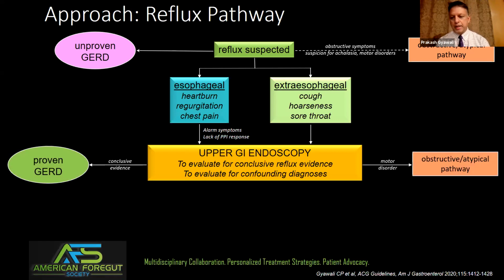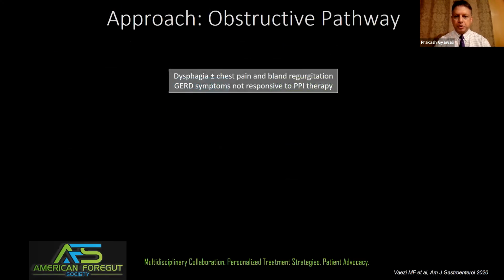Now, on upper endoscopy, you might find features that lead you down the obstructive pathway as well. Some findings in endoscopy may lead the investigation down a motor disorder pathway, for instance. So there is overlap between the reflux pathway and the obstructive pathway.